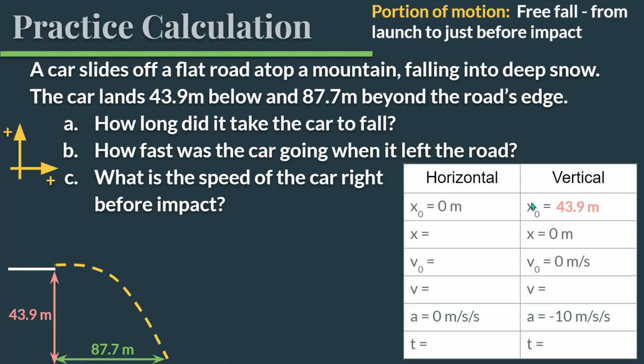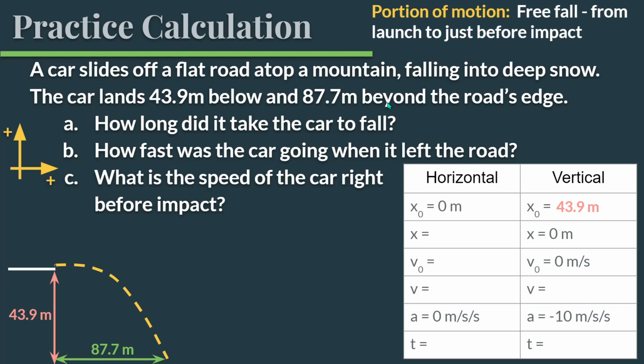My initial vertical position is 43.9 meters. So that is how high I was before I went off the roadway. My final vertical position is 0, so my change in position vertically will end up being negative 43.9 meters if I ask you for your displacement. So again, we fill that in. This other number, 87.7 meters, what is that?